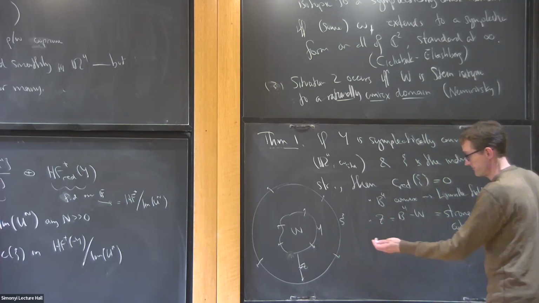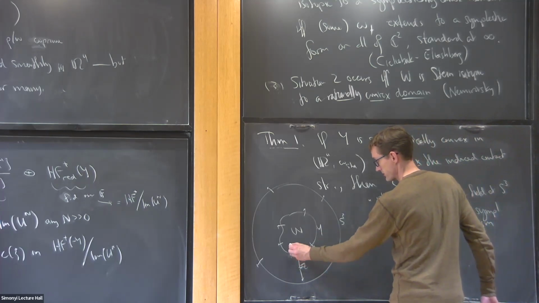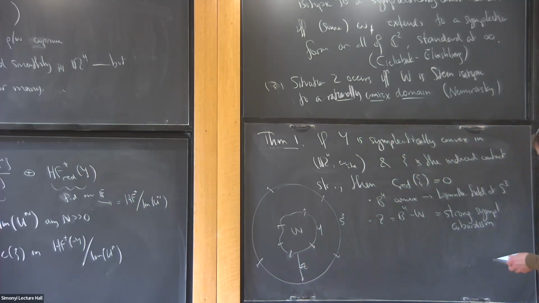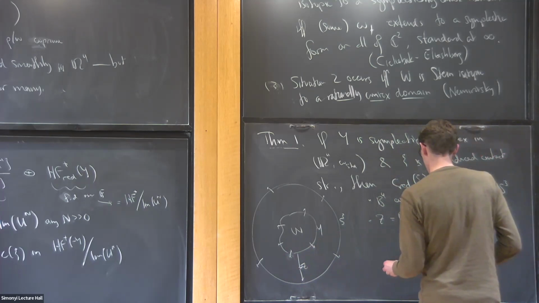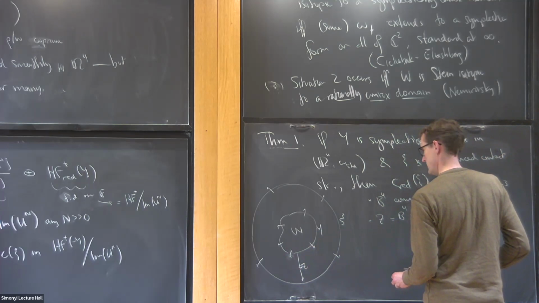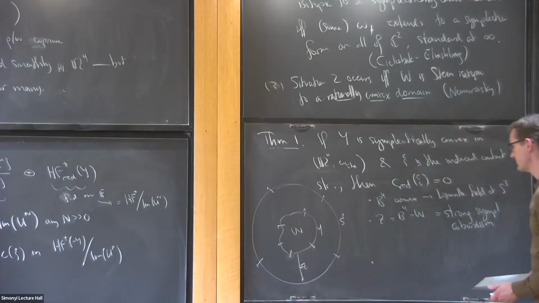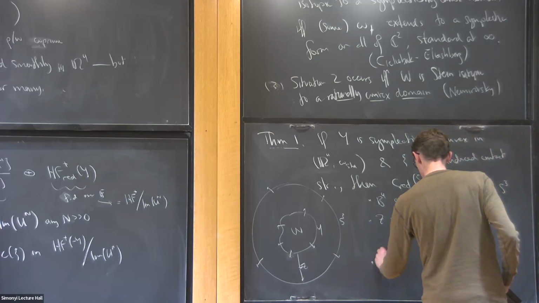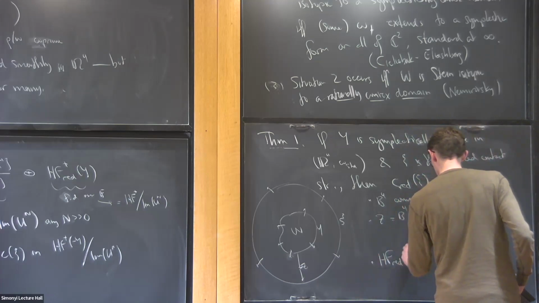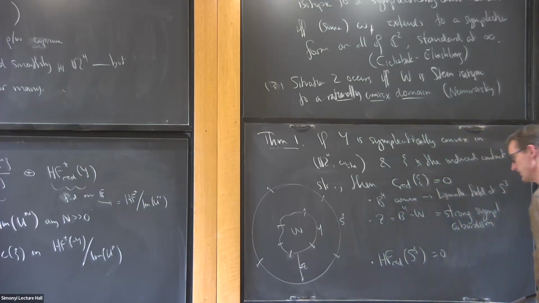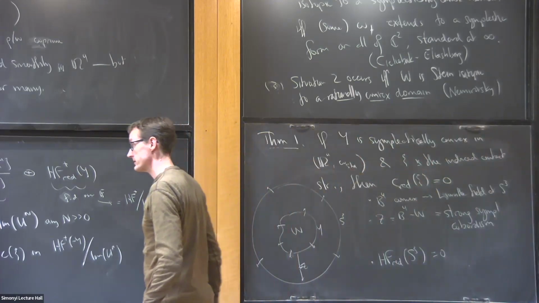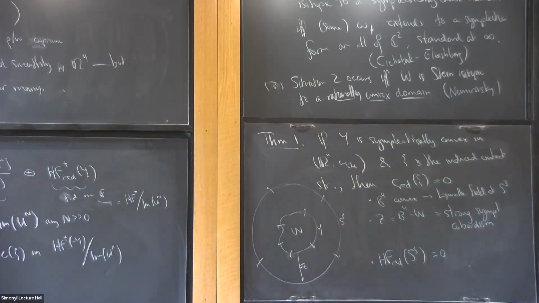By which I mean a smooth cobordism with a symplectic structure and having Liouville fields pointing in at one end and out at the other. And the key thing that's necessary for us is that the reduced Floer homology of S3 is 0. It's the first calculation you do in Heegaard Floer theory, I guess.